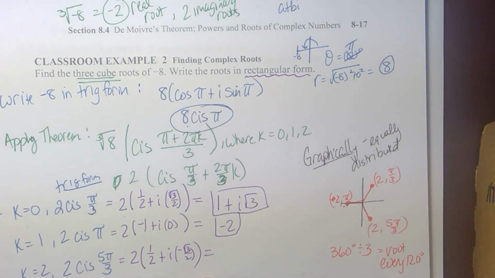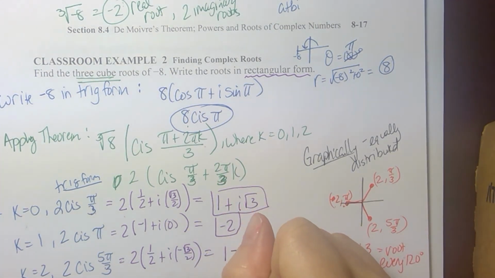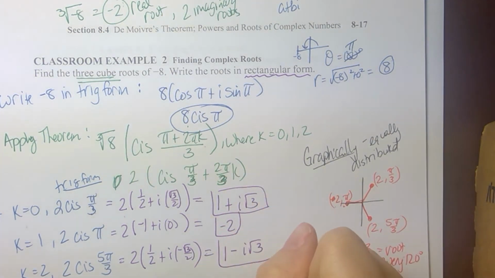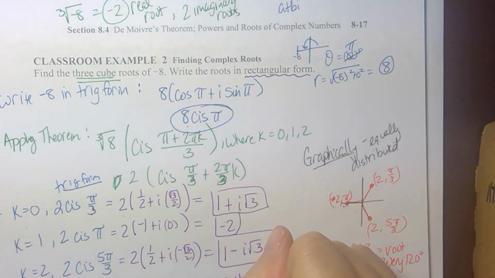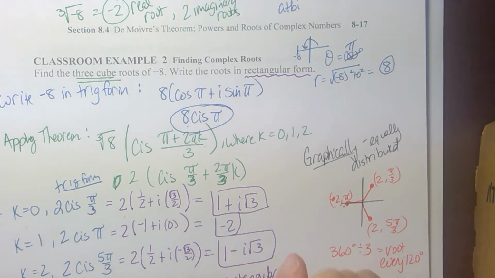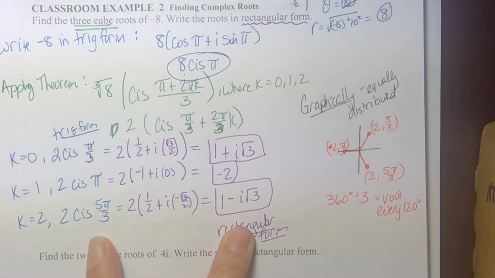What about the rectangular form for the third root? That comes in at 1 minus i square root 3. So we have our 2 imaginary roots and our real root in rectangular form, because that's what I was asked to find. Trig form here, rectangular form there. Either one represents my 3 distinct cube roots.